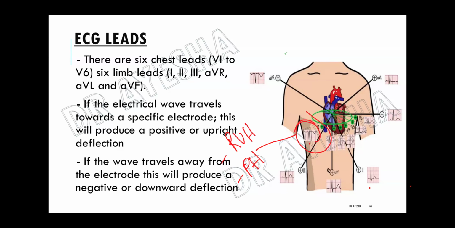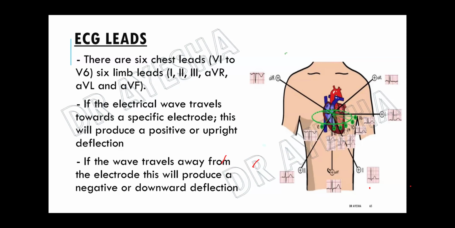But if it is reversed, if you find an upward deflection in V1, that shows right ventricular hypertrophy. If you find an upward deflection of your T wave, that shows pulmonary hypertension. So it is very clinically relevant.